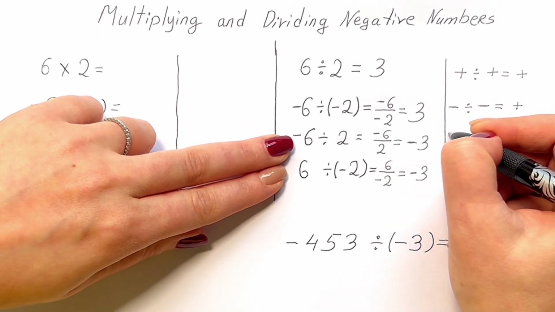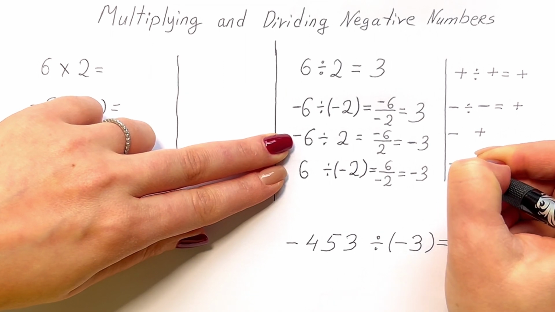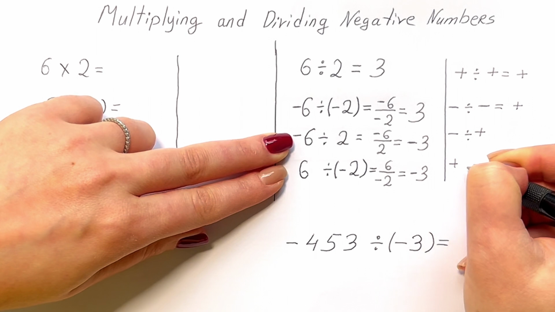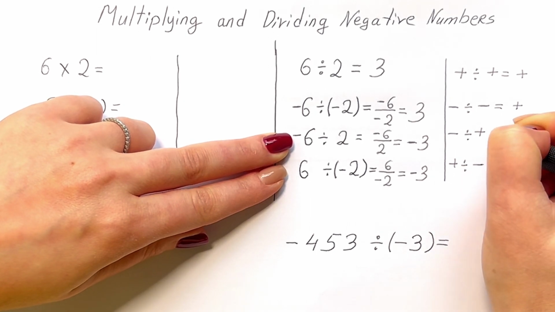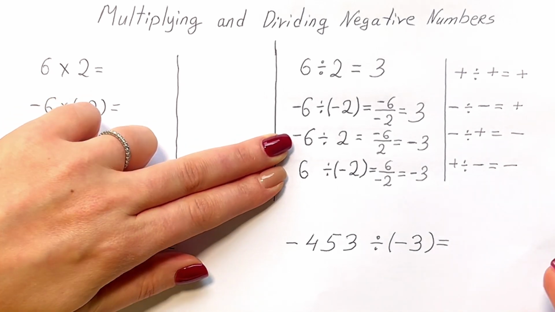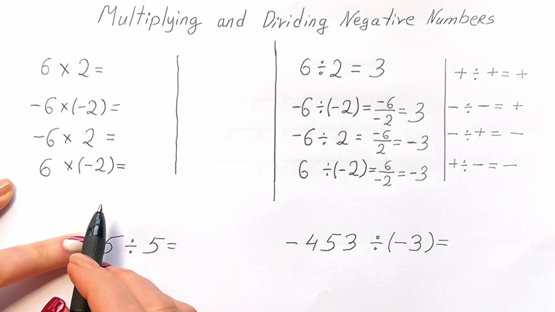If we have one negative and one positive, or one positive and one negative, and we are dividing them, the answer will always be negative.